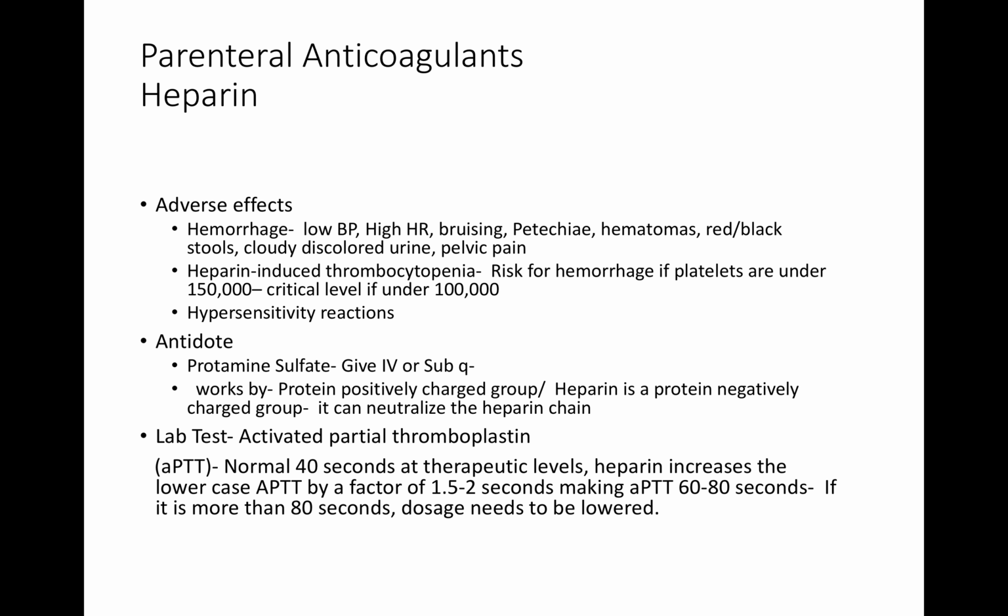If you break it down, normally if they were checking our bleeding time, any of us in the room, because we're not on blood thinners, it'd be around 40 seconds. Some hospitals will say 30. Well, when you're giving a blood thinner, you want that to be longer because you don't want them to clot. You want them to bleed a little bit longer to be in that therapeutic level. So to be in a therapeutic level with heparin, we want the APTT to be 1.5 to 2 times longer, making the APTT 60 to 80 seconds.